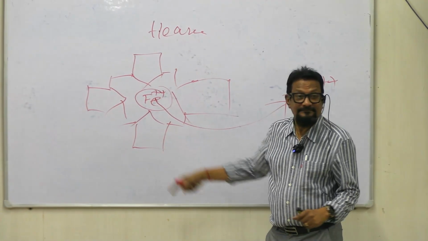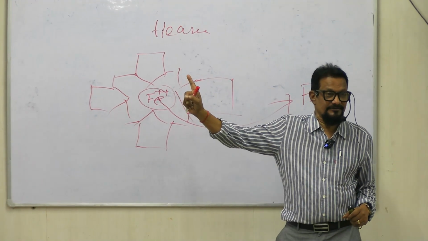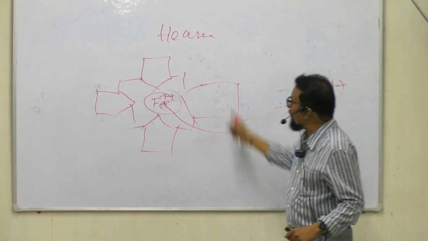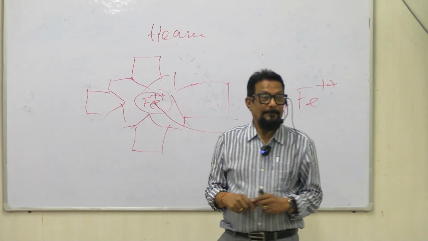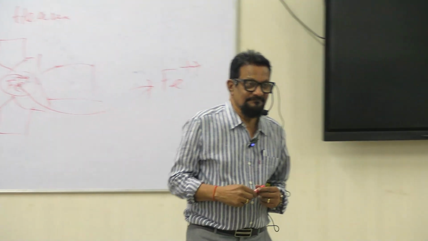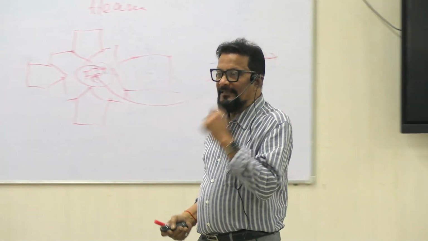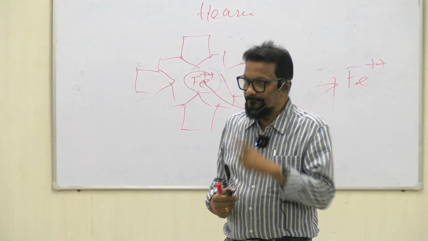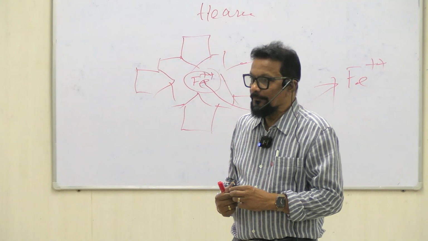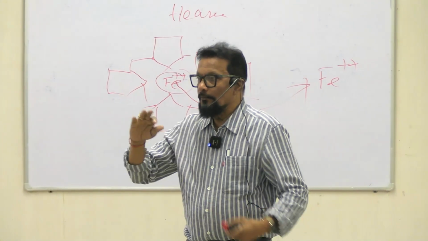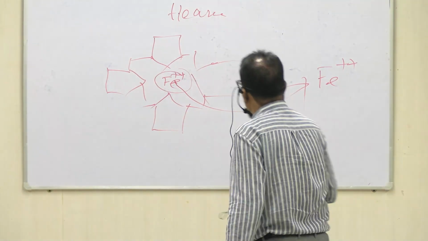Who processed it? Again, the macrophage. Now what is retained? Heme, porphyrin. Now this porphyrin will undergo change. What change?